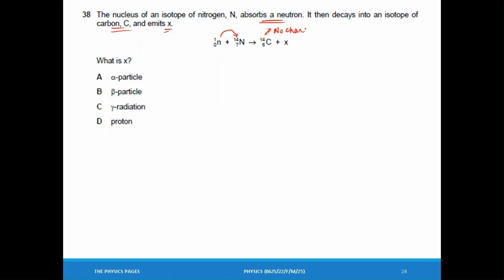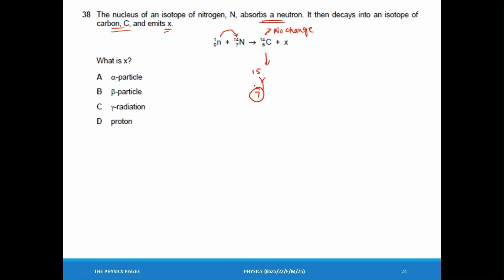So the number should have been increased to 15 over 7. But what actually happens is that the atomic number is decreased to 6, and the mass number remains the same.